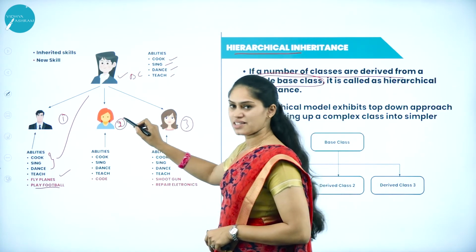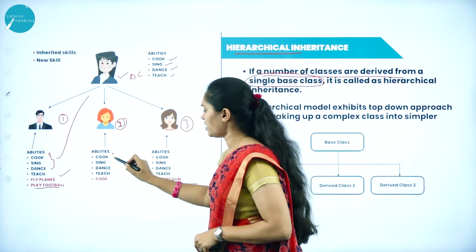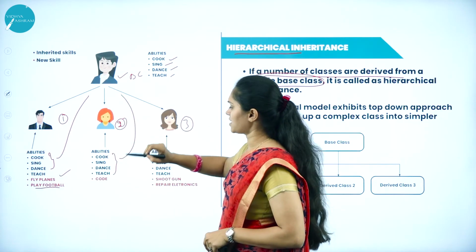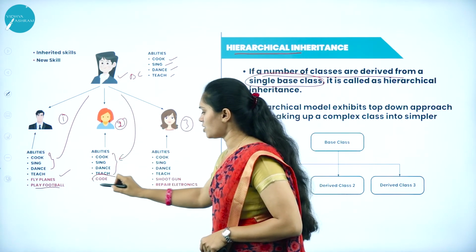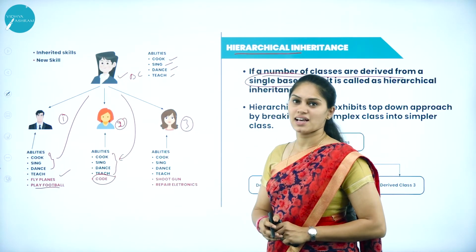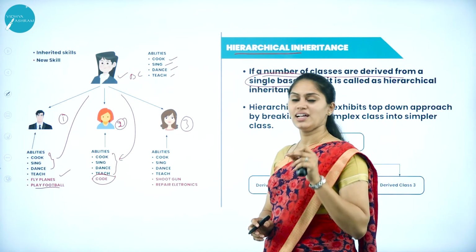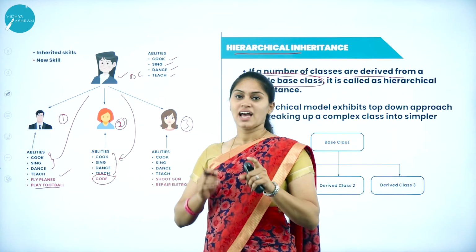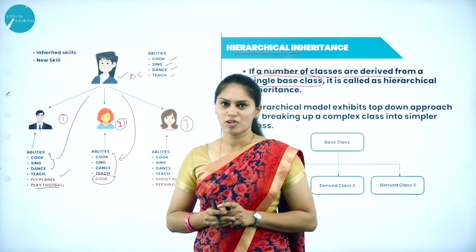If I consider this derived class 2, it is going to have all the features of this base class. Along with that, it can also have its own features. In the same way for the third derived class. So what I am doing here is, I have only one base class, and I am creating n number of derived classes.